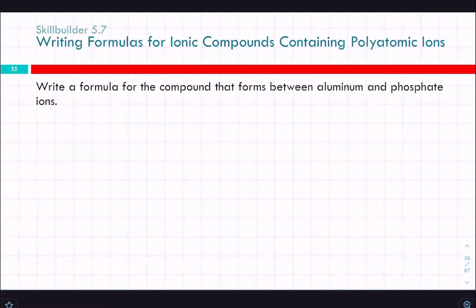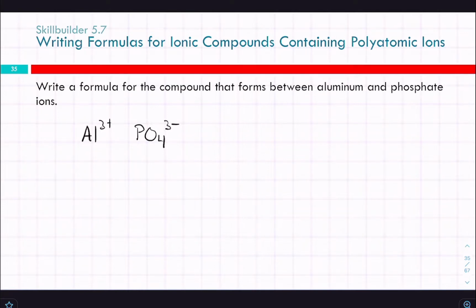So if we had aluminum and phosphate, this is sort of an example of one of these. The symbol for aluminum, and the symbol for phosphate is PO4, and it has a 3- charge. And then aluminum is in group 3A, and has a 3+ charge.